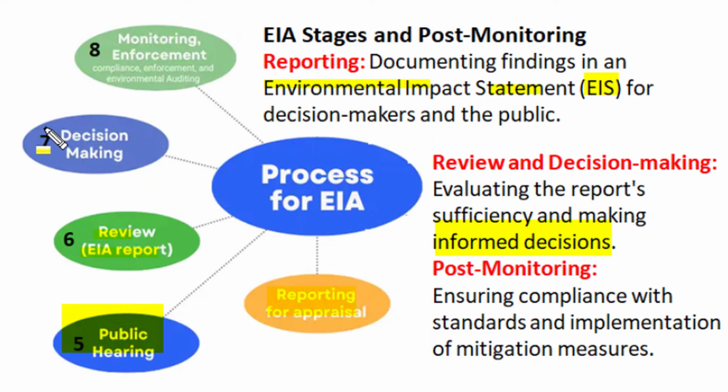And after decision making, if any amendment or changes are made in the project, they are executed and the project is implemented. And in the implemented project, compliance with national standards is monitored, and all suggested mitigation measures are implemented by enforcement activities of the Central Pollution Control Board, and that project has to produce regular environmental auditing as required for that particular nature of project.